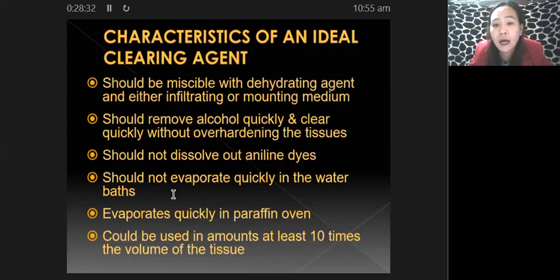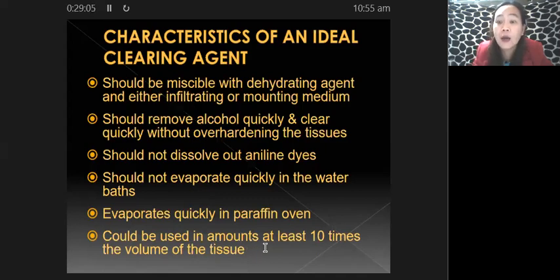Remember that one of the general precautionary measures that you have to take note of with the use of your clearing agents is that they should never be stored in large amounts. So if you look at the required volume of your clearing agent or de-alcoholizing agent, 10 times the volume of the tissue sample is already adequate.